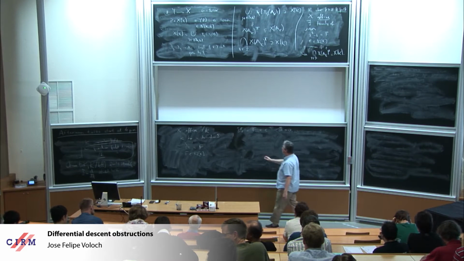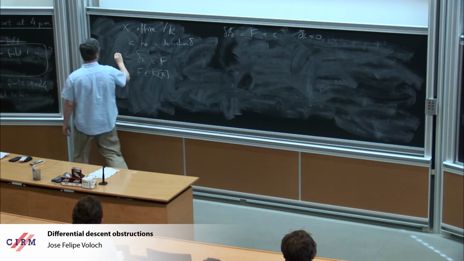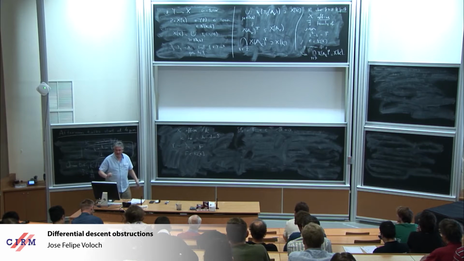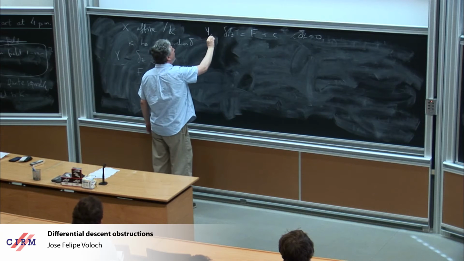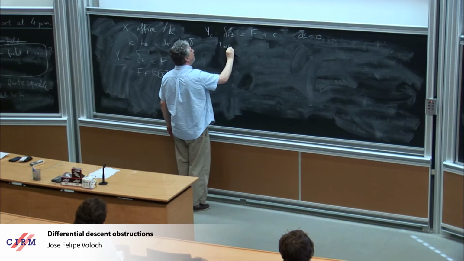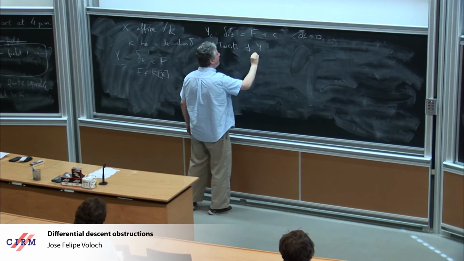So these are the twists of the cover. So this is Y, and I'm not sure yet where Y lives, but it lives somewhere. But these are Y_c, twists of Y, well, Y to X.